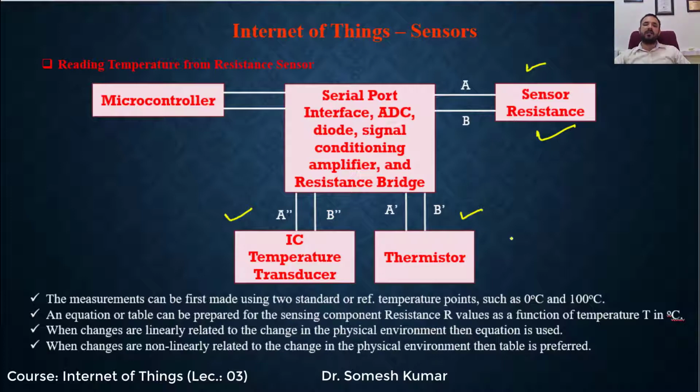So basically all these temperature sensors work on some reference levels. Here I am saying the reference levels are 0 degrees Celsius or 100 degrees Celsius. So how does this sensor work? Basically all these sensors first create a table as a function of the temperature.